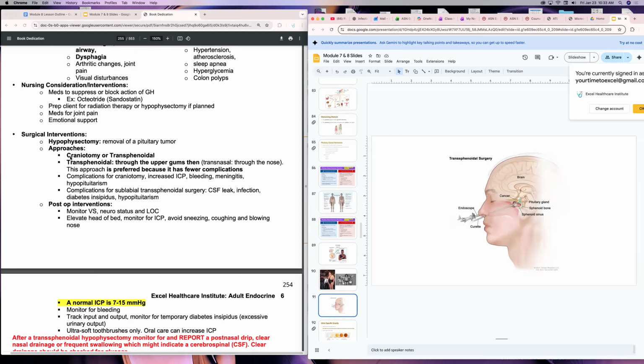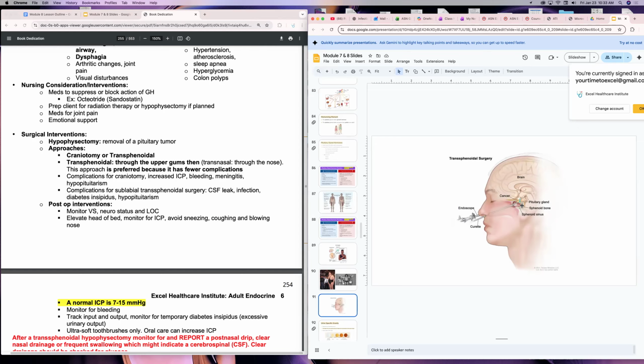So transsphenoidal is definitely preferred because it has fewer complications. Craniotomy, you're literally opening the skull and accessing the brain. But as we can see here in this picture, transsphenoidal, you're going through the nose. Really, you're going through the upper gums and through the nose, and then accessing the tumor and removing it.